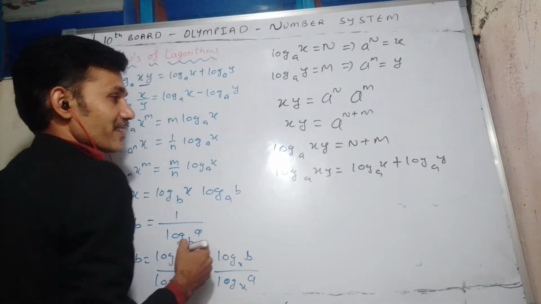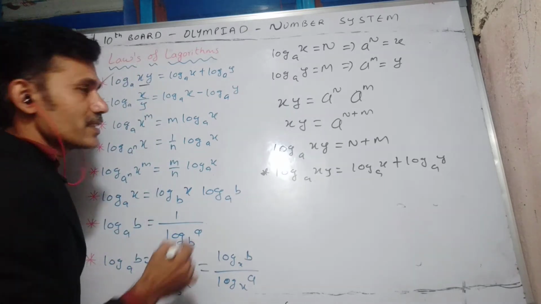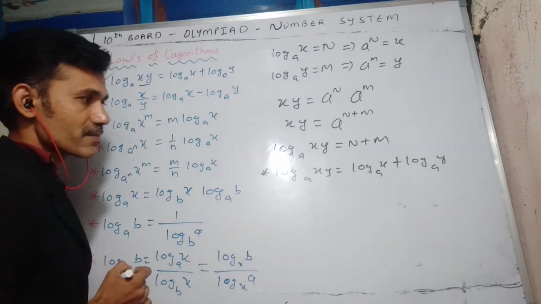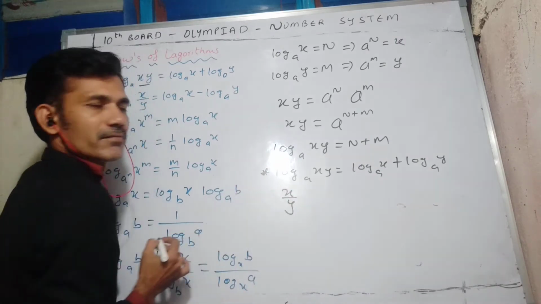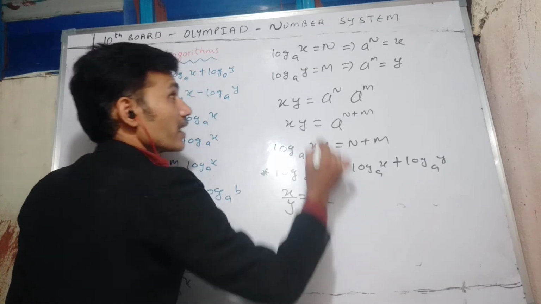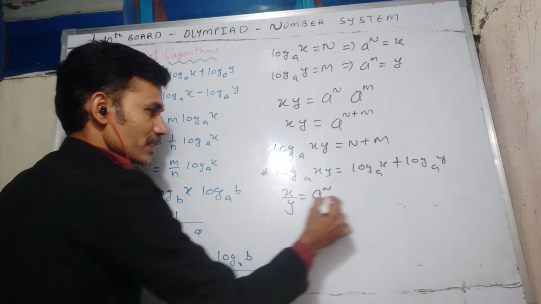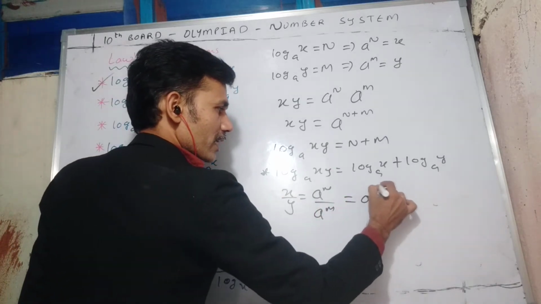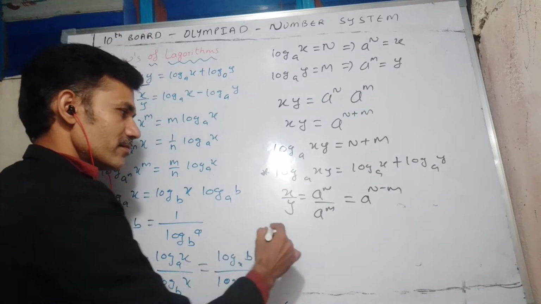Okay, so we have to remember this law. This is our first law. Similarly, this is logarithm of quotients. Same like this only. X upon y, x is in exponential form a power n, and y is a power m. Using laws of exponents, it is a power n minus m. Now express this in logarithm form.